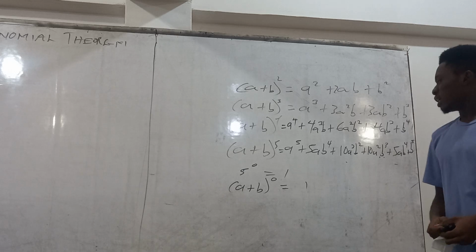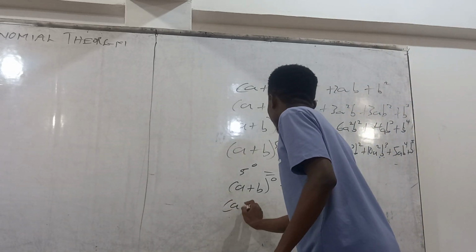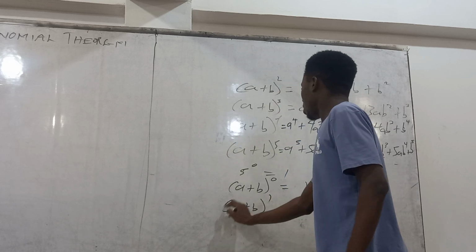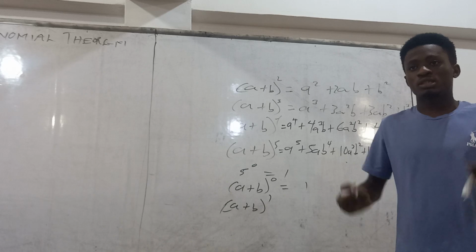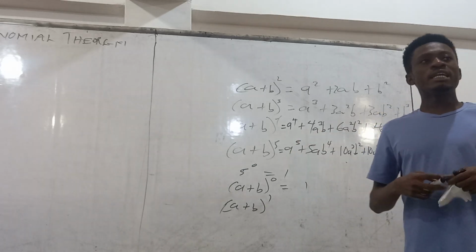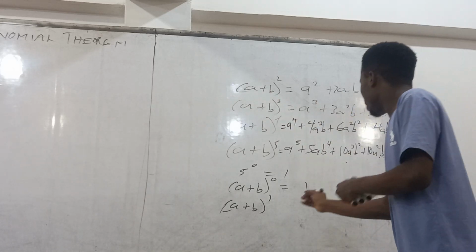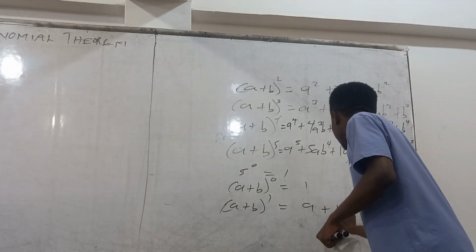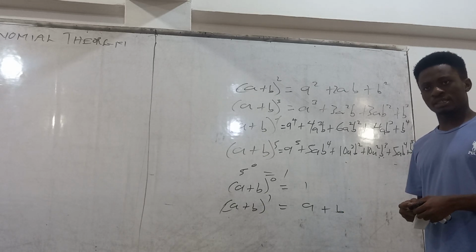Do you get it? Then he sat down again, and he said, what if the binomial is to the power 1? It becomes what? The same number, because any number to the power 1 is that same number. So it becomes A plus B. Do you get it?